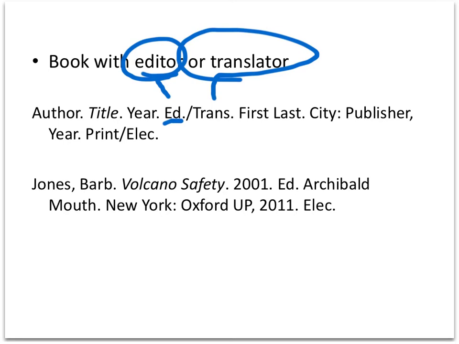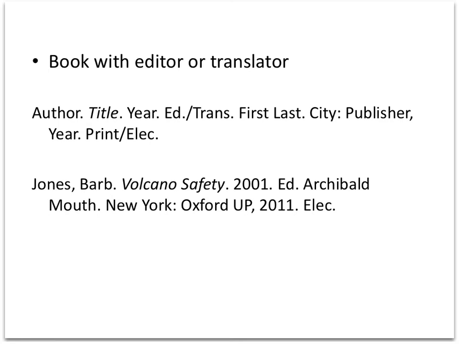If our book was translated, we'll simply use trans, the abbreviations of either. So, next in the citation, after the author, title, and year, we're going to include our editor or translator, and then the name of the editor or translator. We notice first name is first, last name is last.